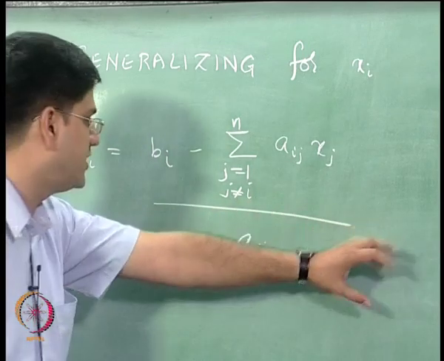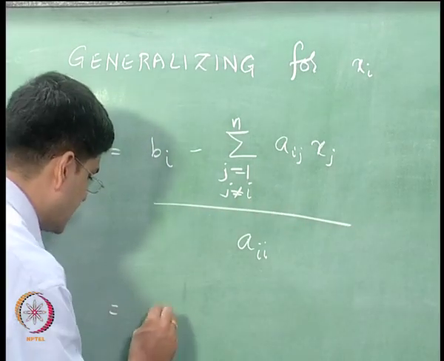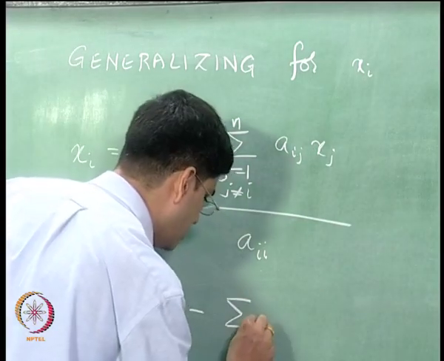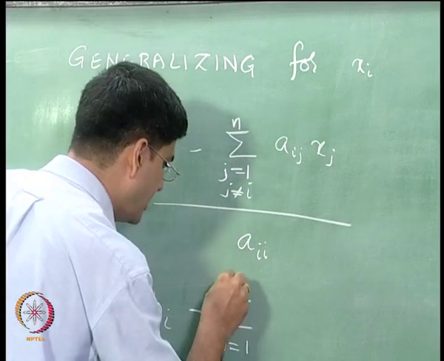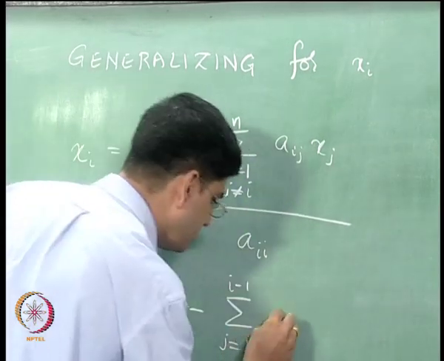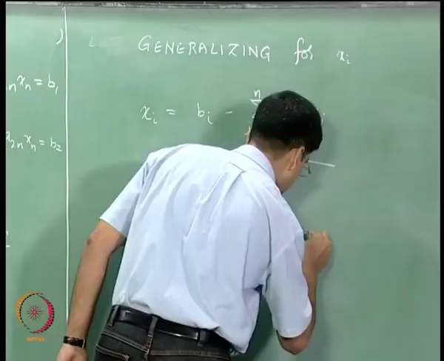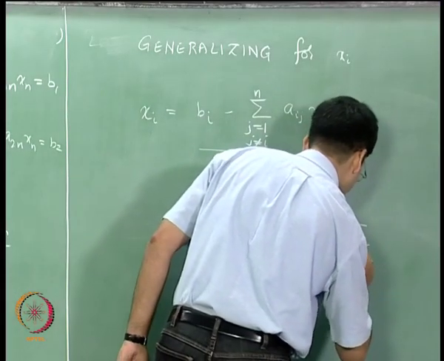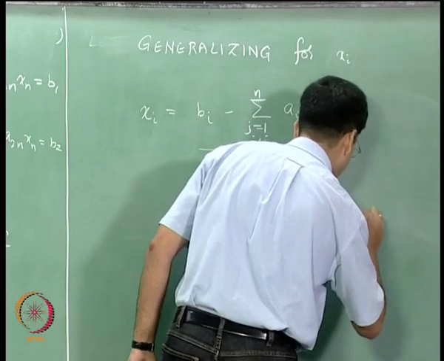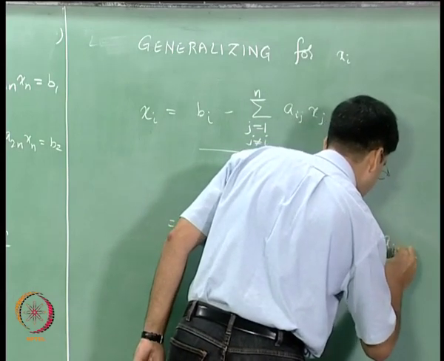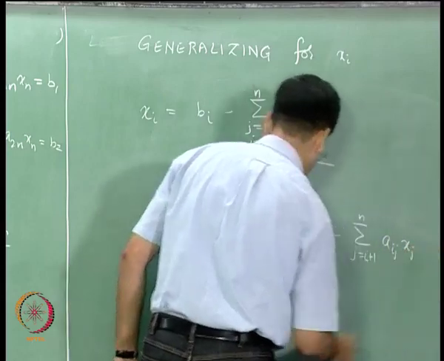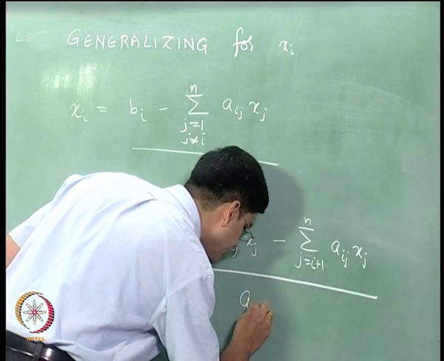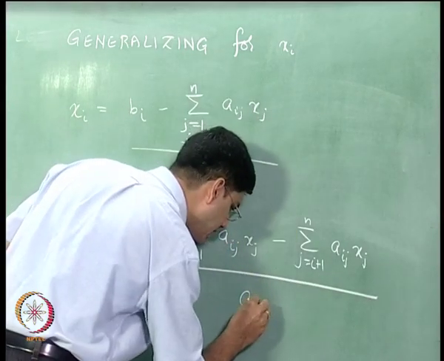This equation we will also be able to write as bi minus summation of j equal to 1 to i minus 1 aij xj minus summation j equal to i plus 1 to n aij xj, divided by aii.